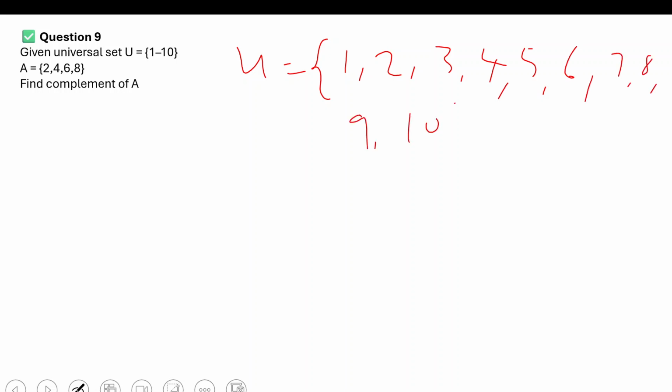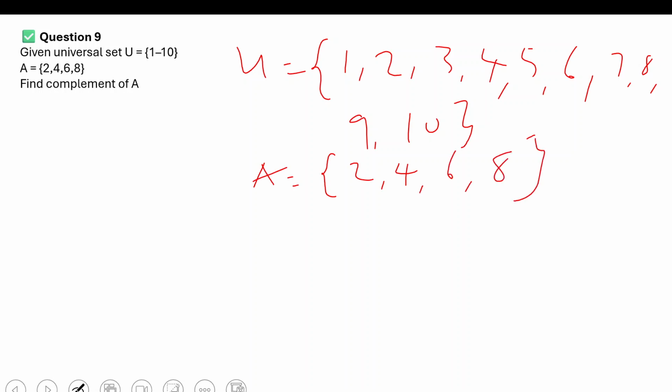Given the universal set, number 9 now, U is equal to 1 to 10. List it out: 1, 2, 3, 4, 5, 6, 7, 8, 9, and 10. And A is given as 2, 4, 6, 8, according to the question.